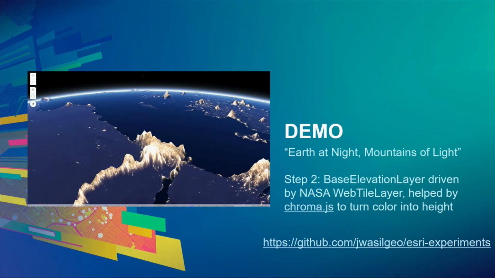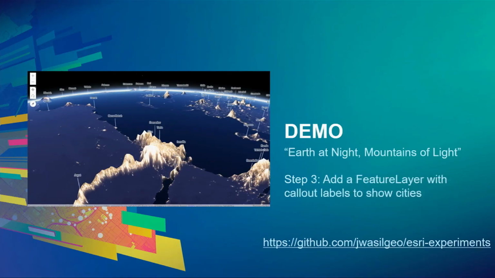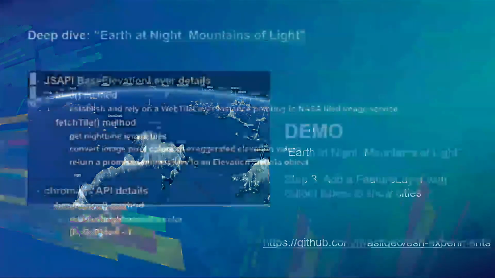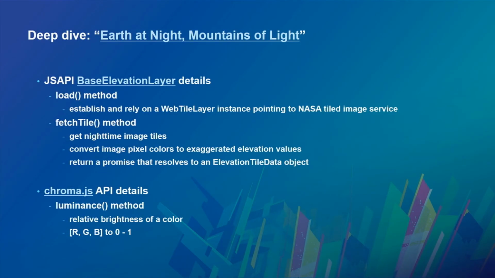Step 2, pulling it up with a custom base elevation layer. Step 3, labeling cities. And that's more or less it. So at a really high level, that base elevation layer, I relied again on the load method and the fetch tile method to do my work, and the ChromaJS other third-party library to help me go from RGB color values to 0 to 1 values.